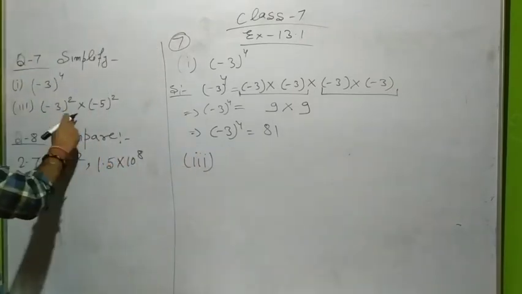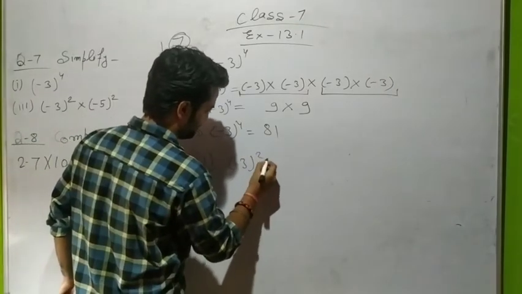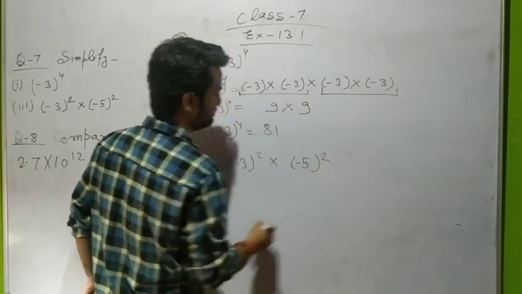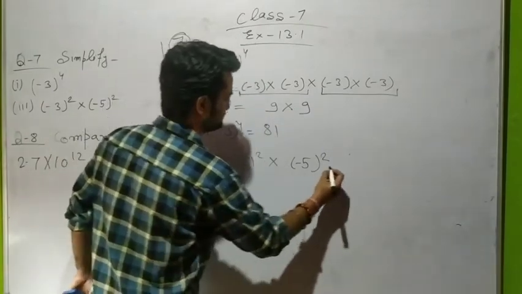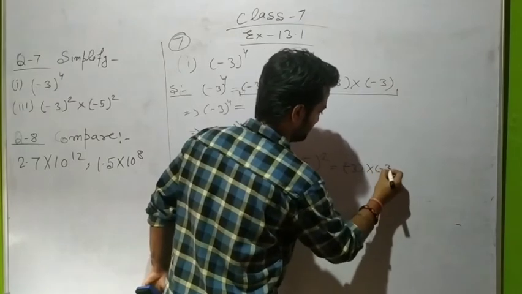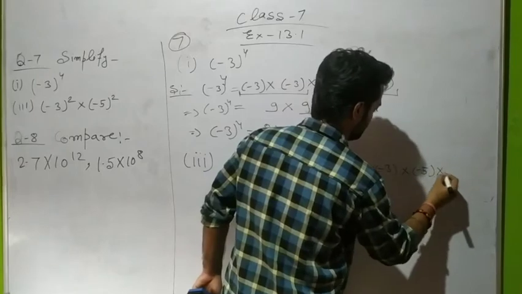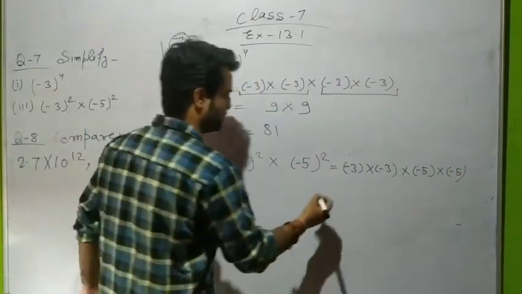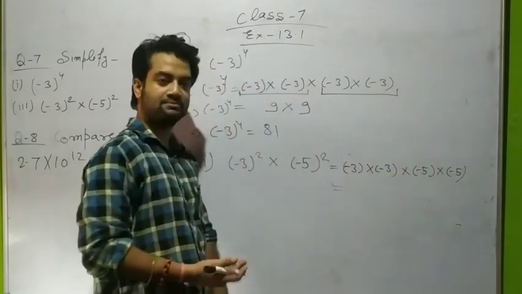Third question is minus 3 raised to the power 2 into minus 5 raised to the power 2. It can be written as minus 3 into minus 3 into minus 5 into minus 5. As we know, minus multiplied with itself even times makes it positive.